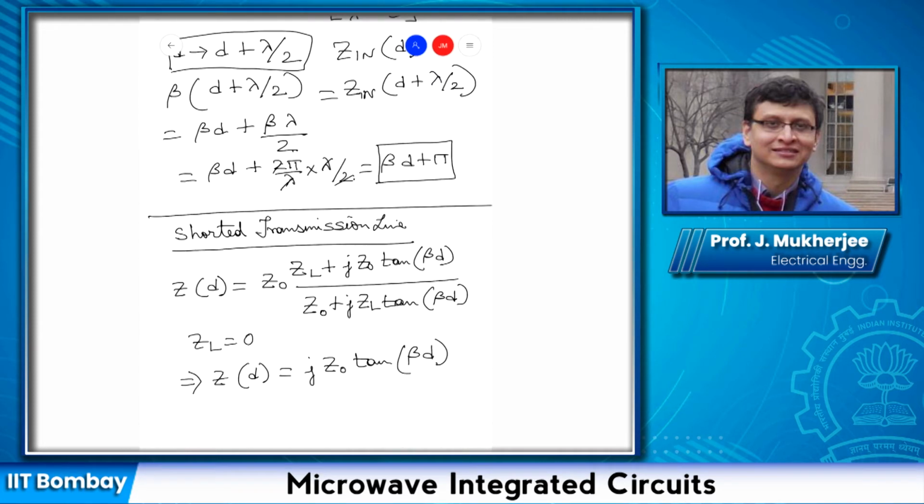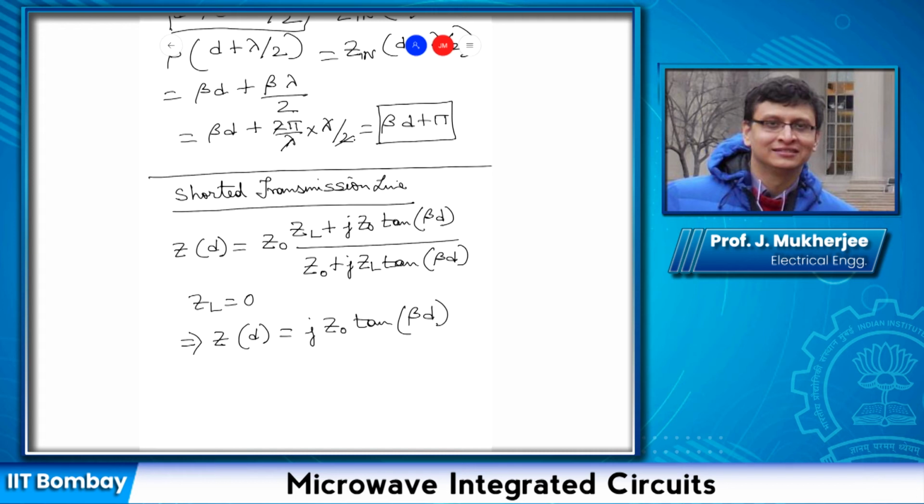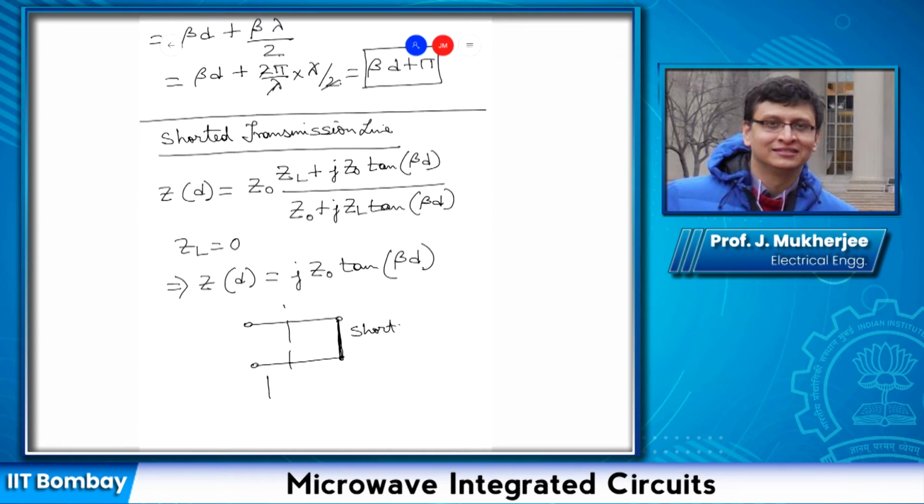Okay, so this is what the input impedance reduces to. So a shorted line is like this, and there is a solid short here. For this line, Zin of d is given by this expression.